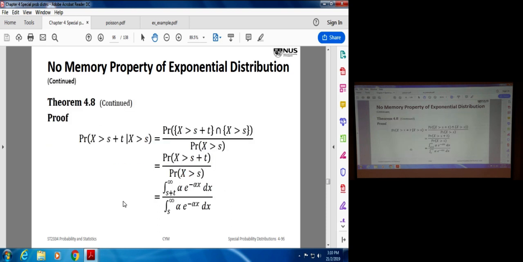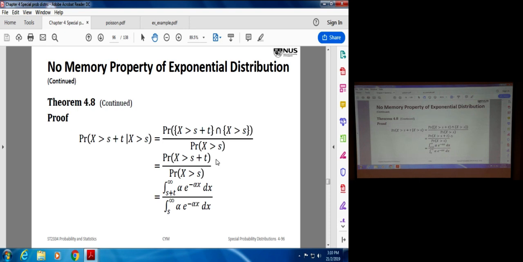So let's consider this. I want to compute the left-hand side. That's the probability that the random variable x is bigger than s plus t, given that x is bigger than s. By definition, that's the probability that x is bigger than s plus t and x is bigger than s, divided by the probability x is bigger than s.